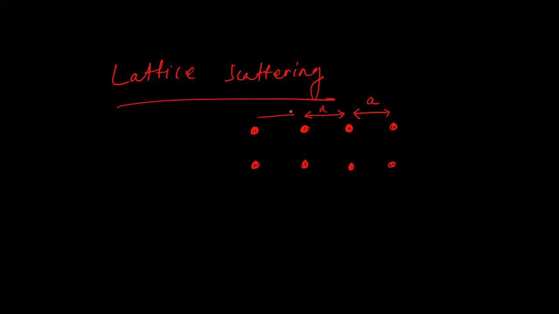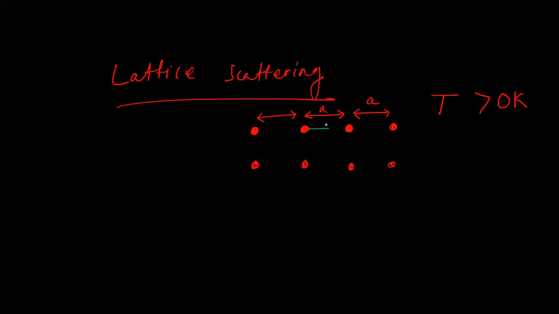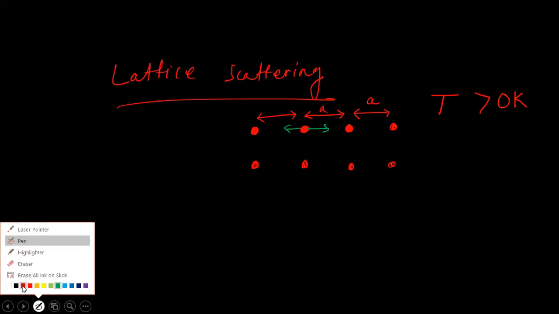With respect to their lattice position, which is considered the equilibrium position, the atoms vibrate randomly about this position at any temperature greater than absolute zero. They oscillate randomly with respect to their mean position, or lattice position.